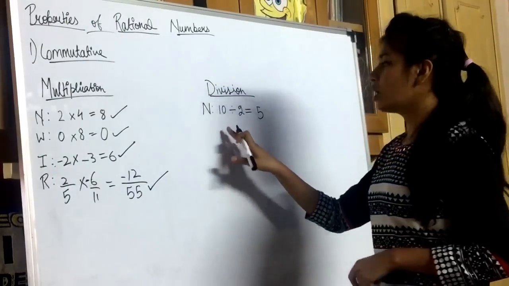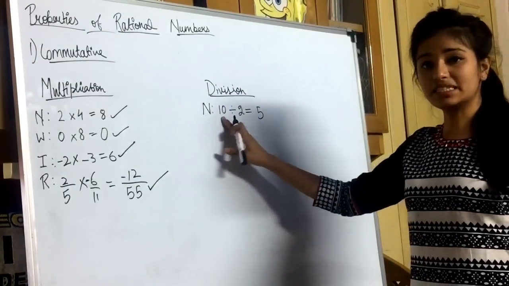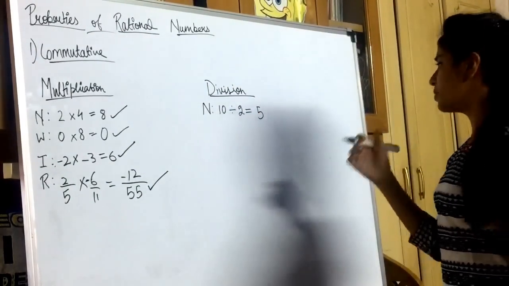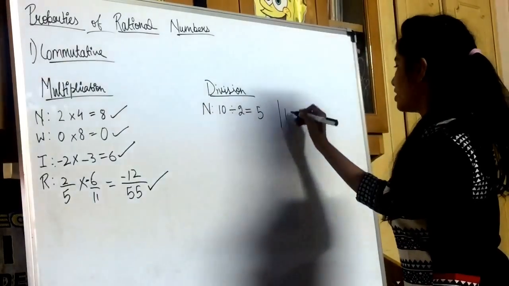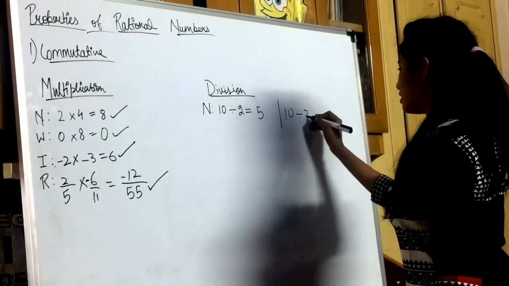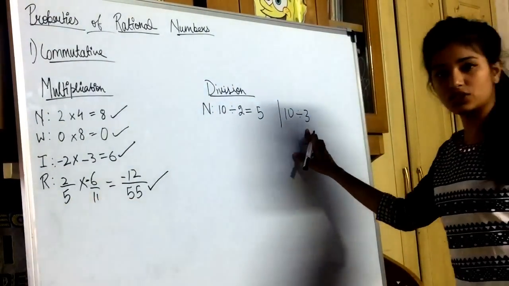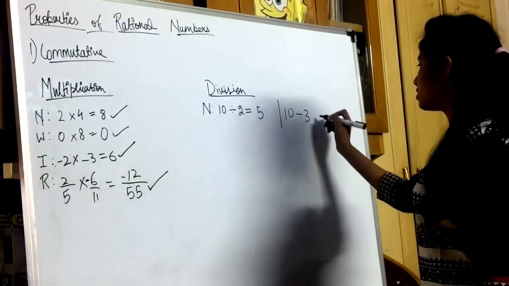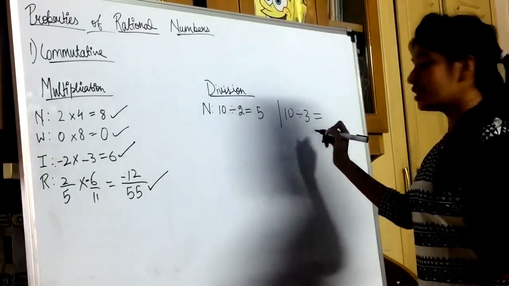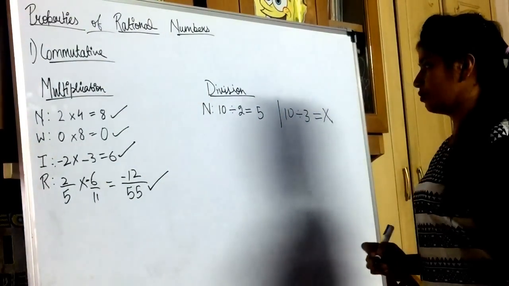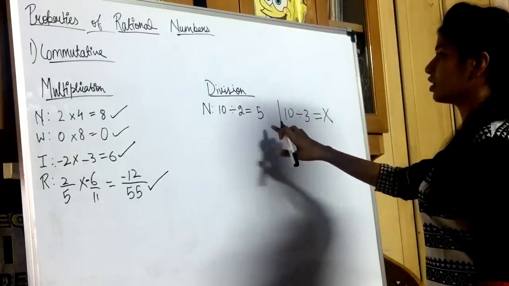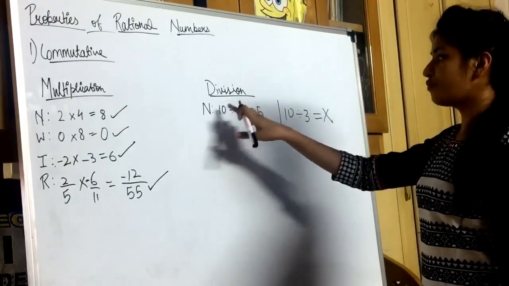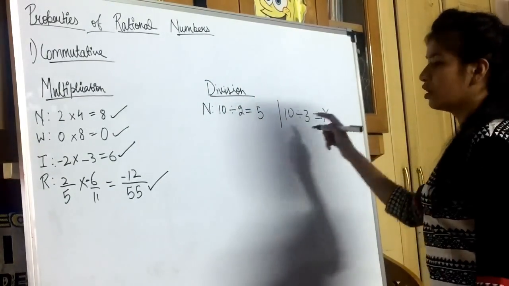But this was a case when 10 was exactly divisible by 2. What if we have a number such as 10 divided by 3? See, 10 and 3 both are natural numbers, but the result is not a natural number. So it does not hold true. The commutative law for division of natural numbers does not hold true.